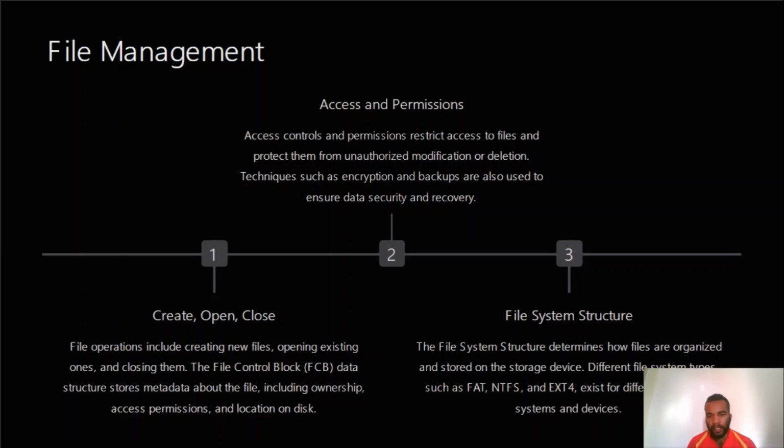File system structure. The file system structure determines how files are organized and stored on the storage device. Different file system types such as FAT, NTFS, and ext4 exist for different operating systems and devices.